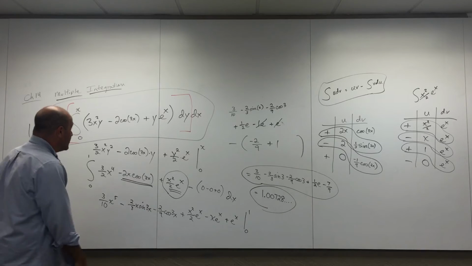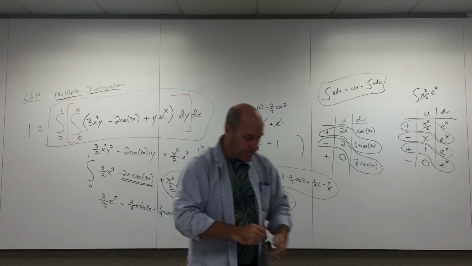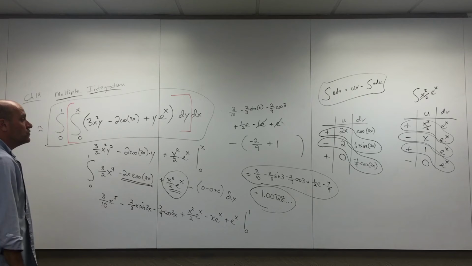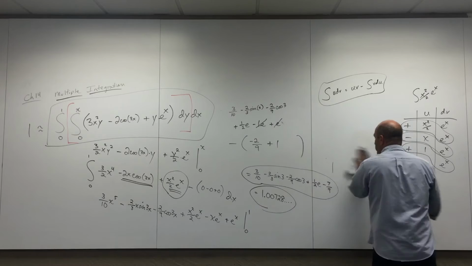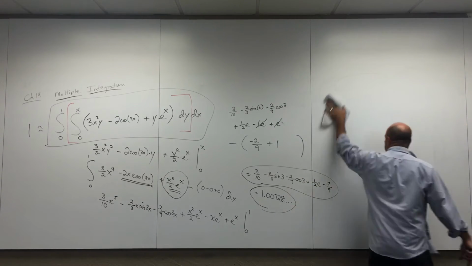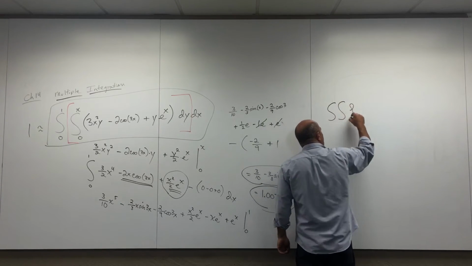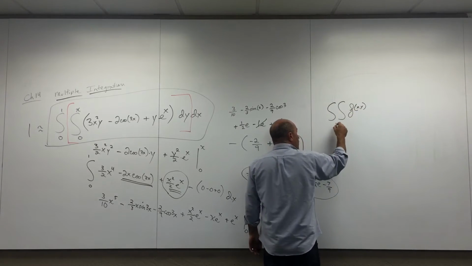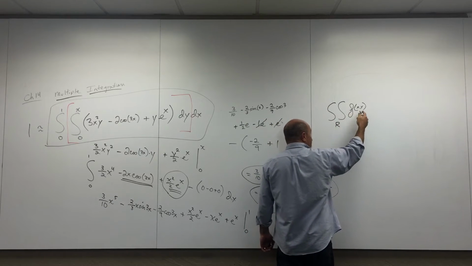So anyway, what I just tried to teach you was how to do a double integral. So hopefully you caught that. What does it mean? Well, let's try this. What we just did was this. A double integral of some function of x's and y's over a region R. We integrated this function, and by the way, this is z.